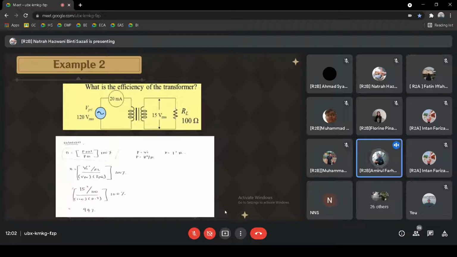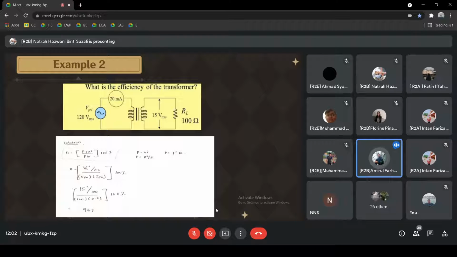So next step, we just put in the values into the formula. For P out, we have 15 squared over 100, and for P in, we have 120 times 0.2 ampere, and we calculate it and times with 100%, and then we get 94%.